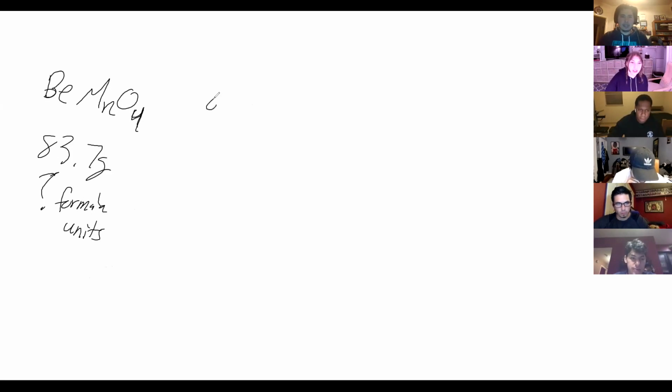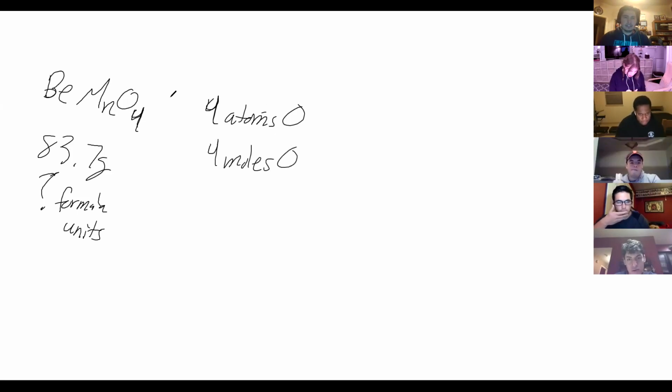So there's 4 atoms. But what happens if I have 1 mole of beryllium manganate? How many moles of oxygen do I have in there? Same, right? 4 moles of oxygen.